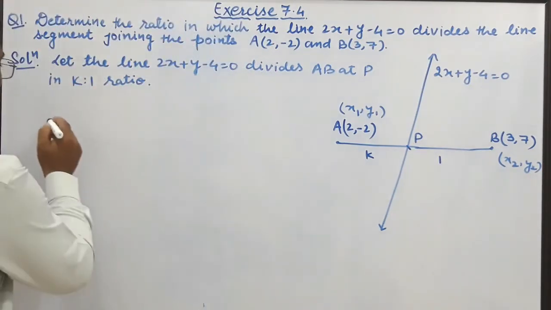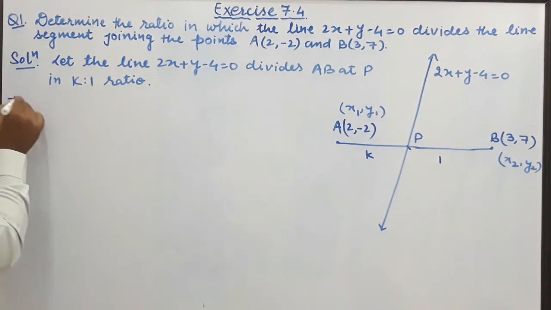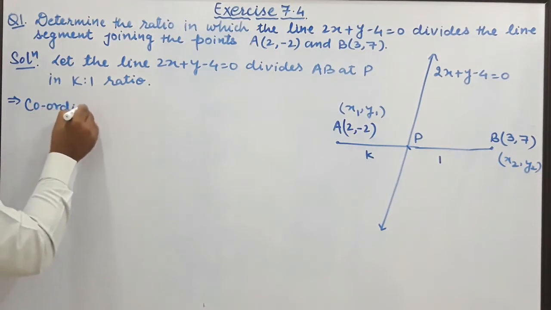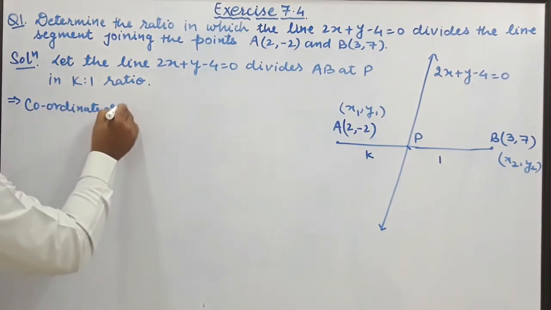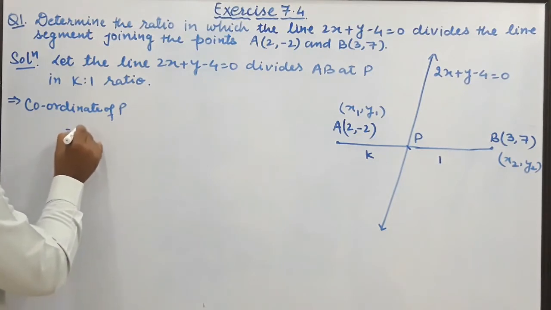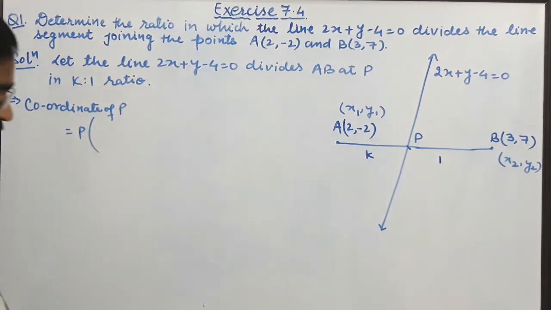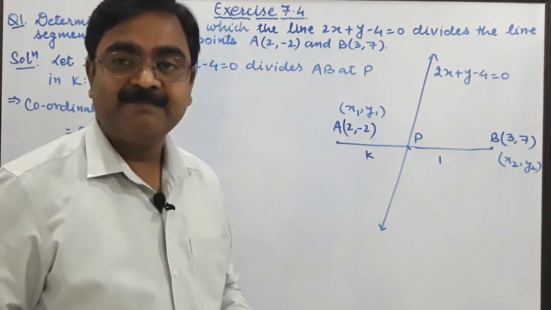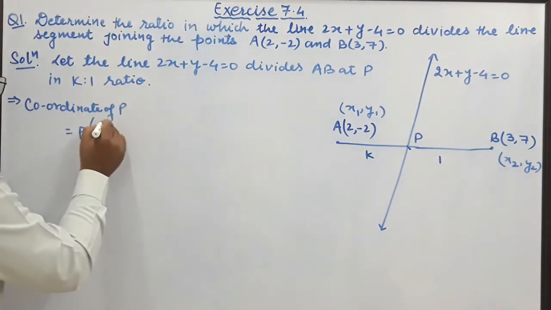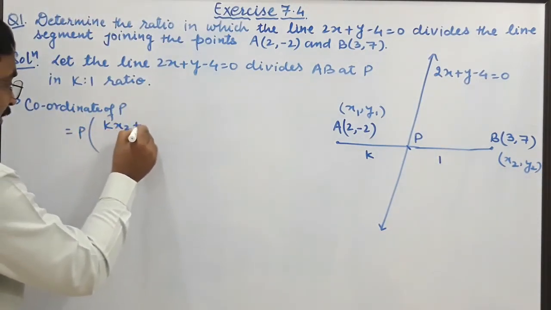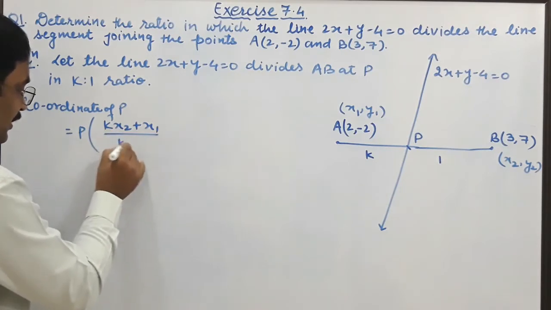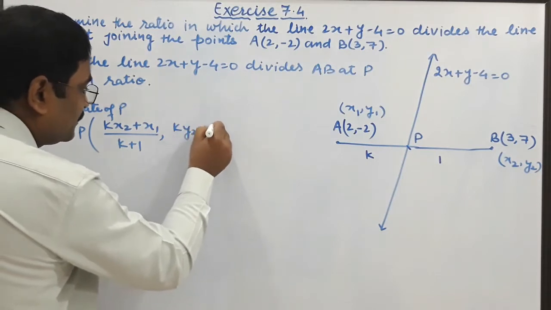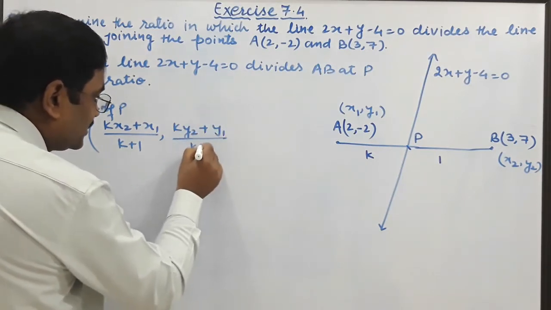The coordinate of P will be given by the section formula in terms of k that you have read: kx2 plus x1 upon k plus 1 and ky2 plus y1 upon k plus 1.